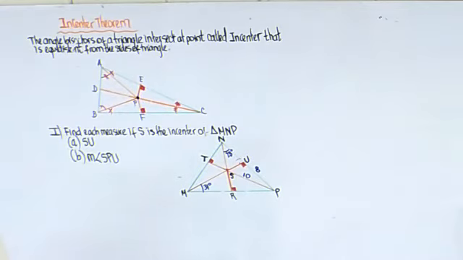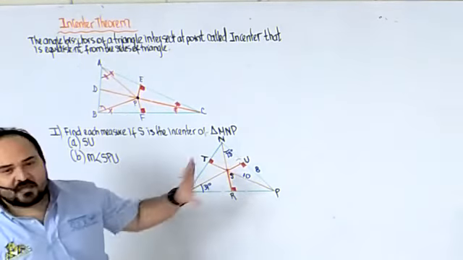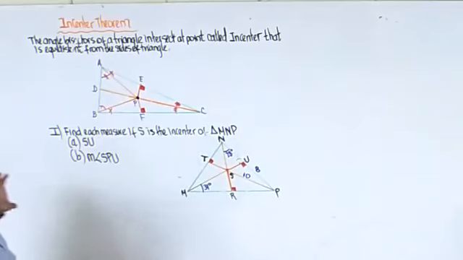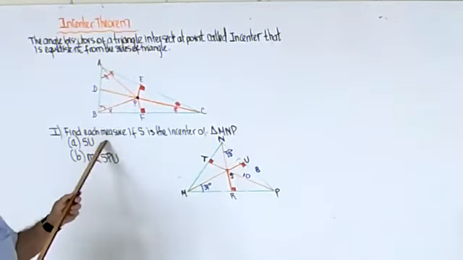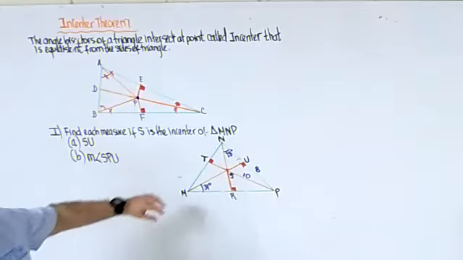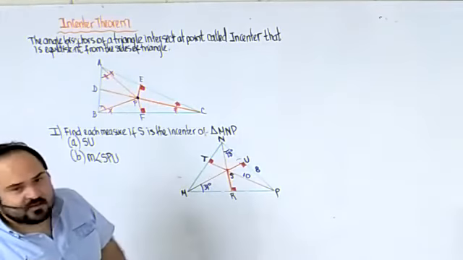Okay, guys, what is the key when we're trying to look for the measures of the sides in the incenter and circumcenter of the triangle? It's simple. Identify what the problem is asking for. The problem says we have to look for the segment line SU located over here.